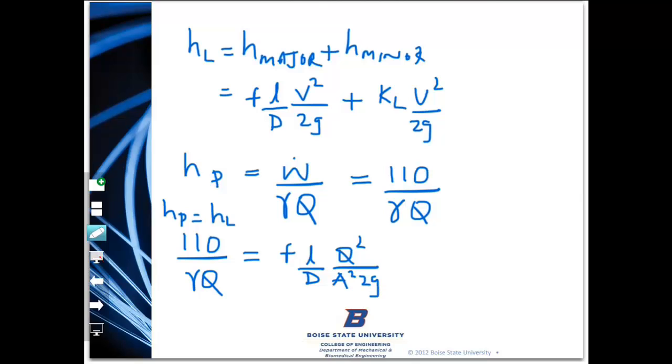We're going to just write V as Q over A, plus KL Q square over A square 2G. Okay, so you can solve, you know everything here, you know f, you know KL in the problem, you know L, you know D, so you can solve for Q.